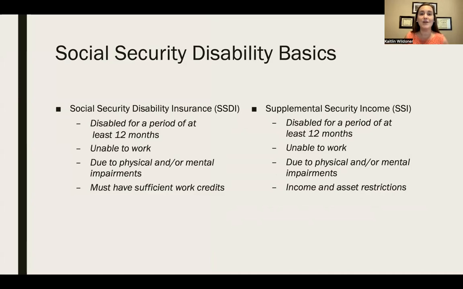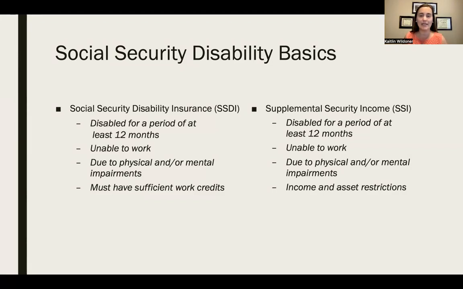Note, you do not have to be disabled for 12 months before applying, and in fact, specifically with SSI, you want to apply sooner rather than later. The reason for that is because with SSI benefits, Social Security can only pay benefits back to the day you apply. So you want to apply sooner rather than later.